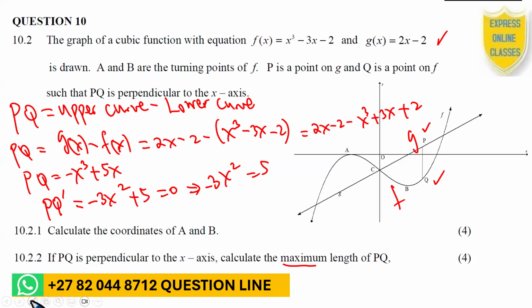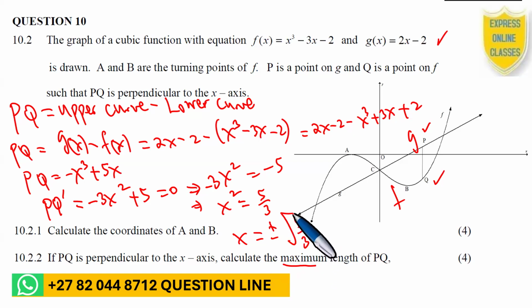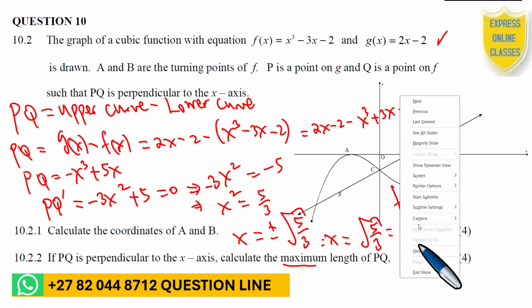It's negative both sides, so you divide by -3, you get x squared equals 5/3. And therefore x becomes plus or minus the square root of 5/3. But we're looking at x that is sitting somewhere there, meaning x is only the positive. So this is the square root of 5/3, and then use a calculator.